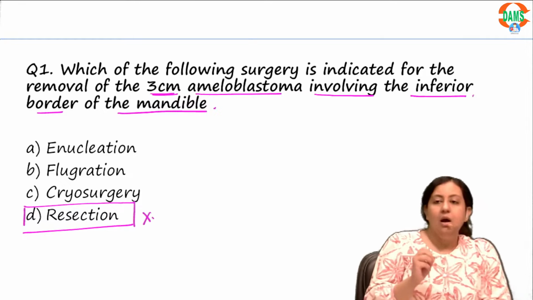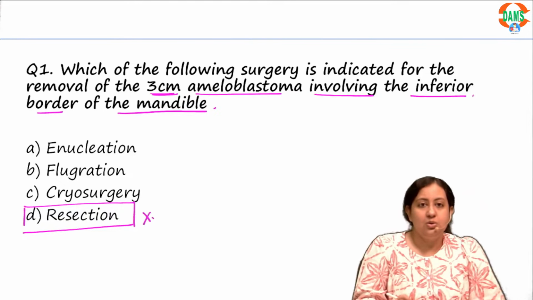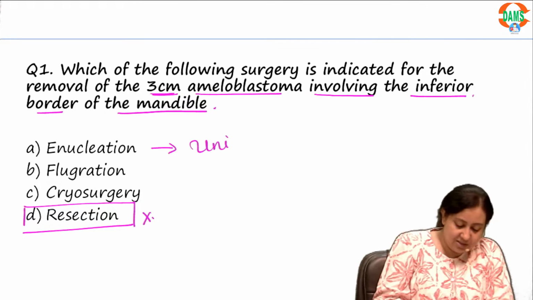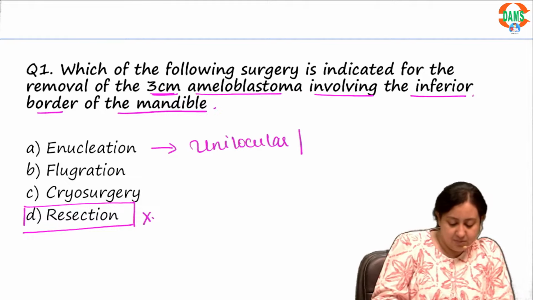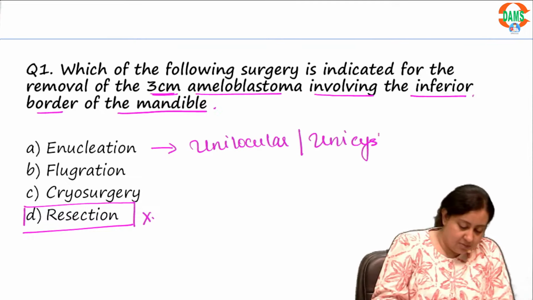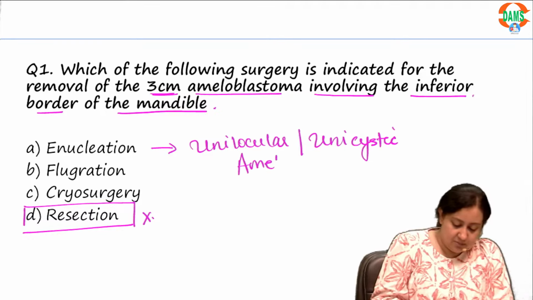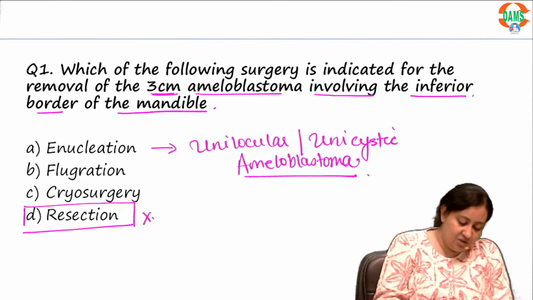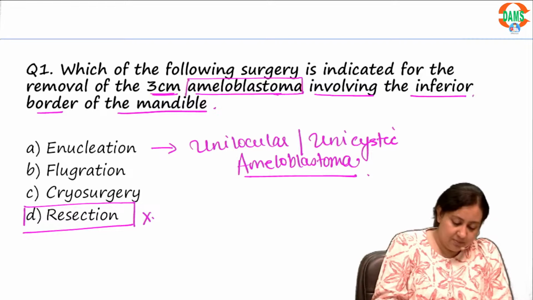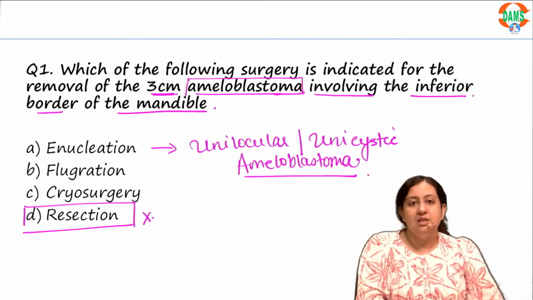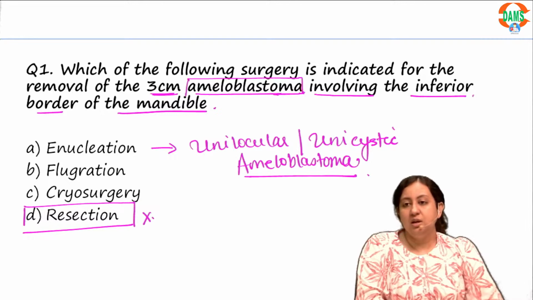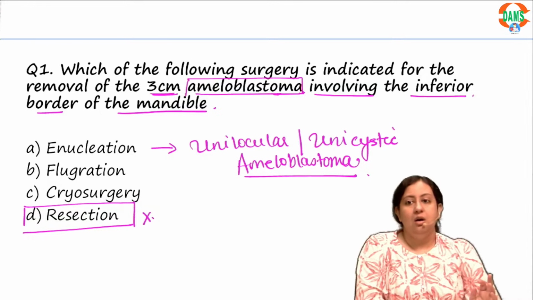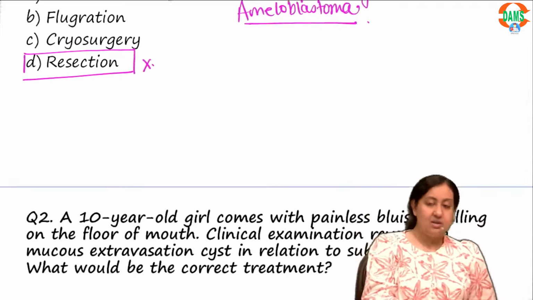Now please remember, I had also told you that enucleation you only do for unilocular or unicystic ameloblastoma. The question mentions just ameloblastoma. Since it is not mentioned unilocular or unicystic, this is definitely some other variant. Okay. So I hope this is clear.